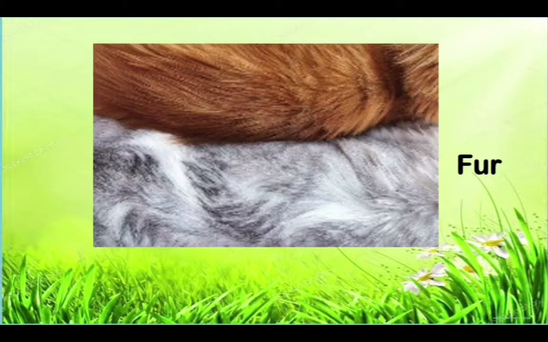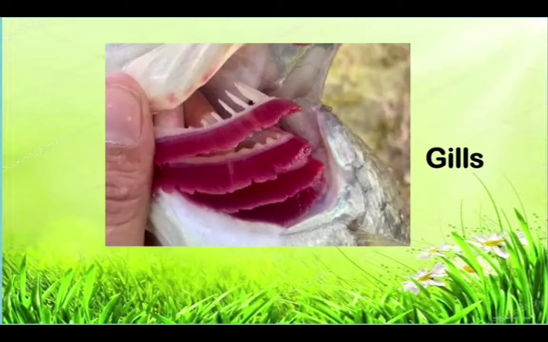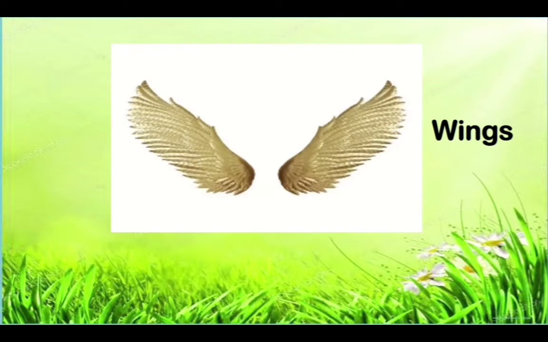The correct answer is land. You are correct. Next, we have gills. The correct answer is water. You are correct. Next, we have wings. The correct answer is land. You are correct.